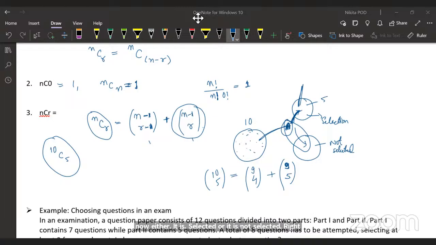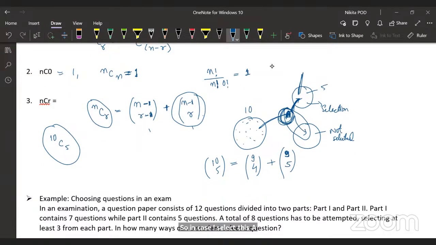First case, let's say it gets selected. Then I have 9 more objects left, and out of these 9 objects, you need to put 4 more here. So 9 choose 4.